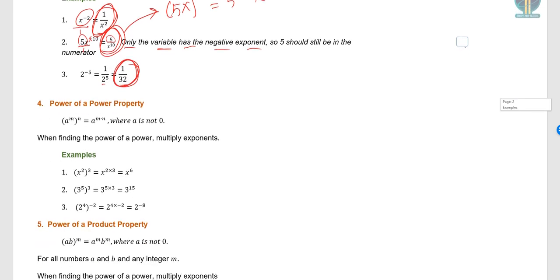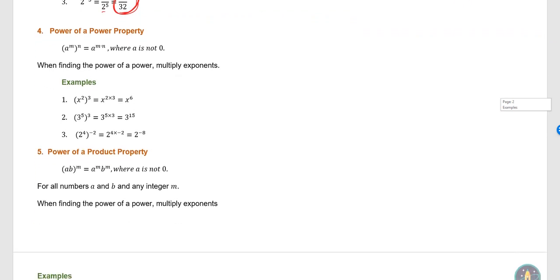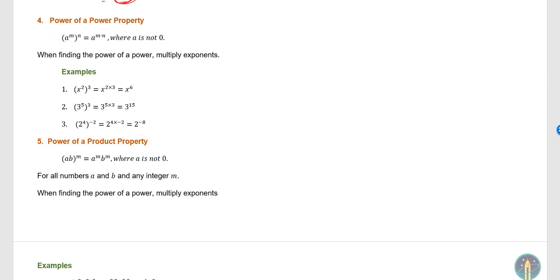Okay, next law: power of a power. So we have a power inside the parentheses, and then we take the power of that whole thing inside the parentheses. So a to the m, the whole thing to the nth power. And in this case, we multiply the two powers.